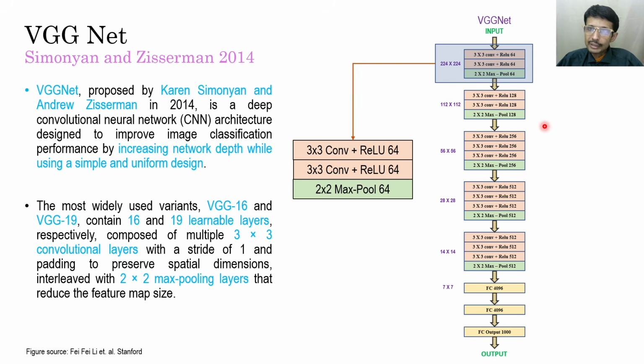In 2014, Karen Simonyan and Andrew Zisserman at Oxford proposed this deep convolutional neural network architecture for the image classification challenge.